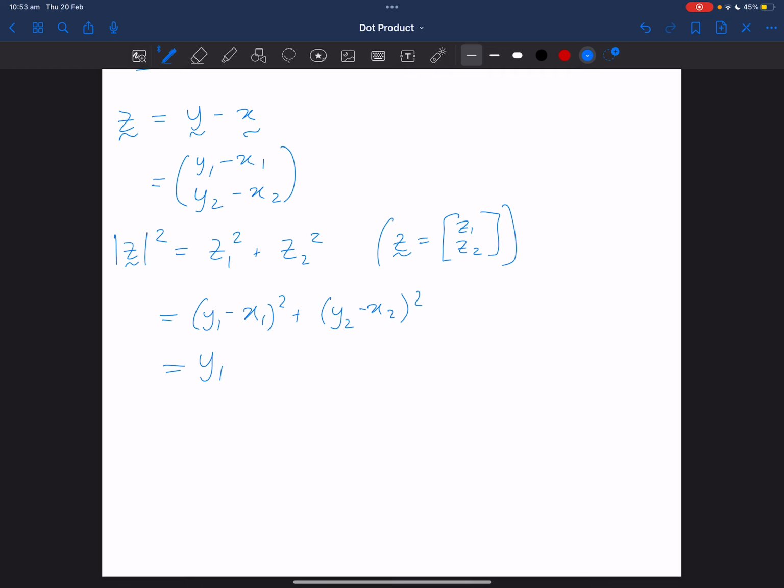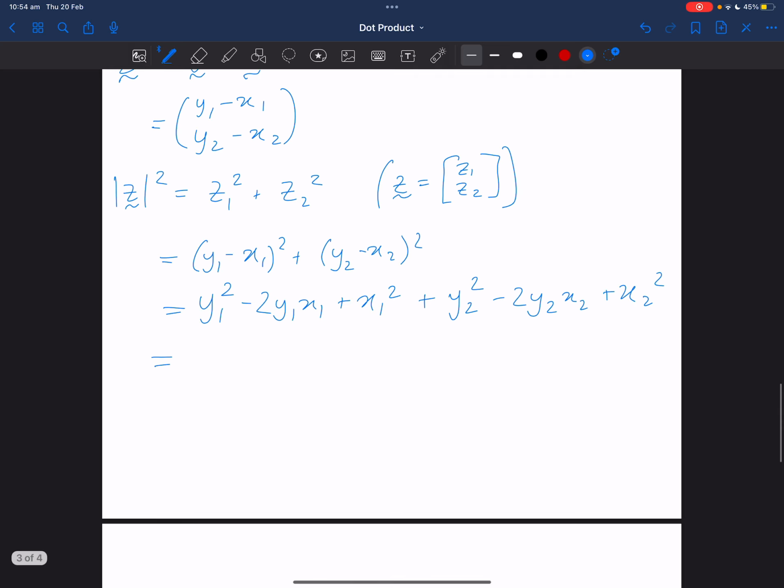And expanding this, we have y1 squared minus 2 y1 x1 plus x1 squared plus y2 squared minus 2 y2 x2 plus x2 squared. Now just rearranging these terms, we have y1 squared plus y2 squared, right?